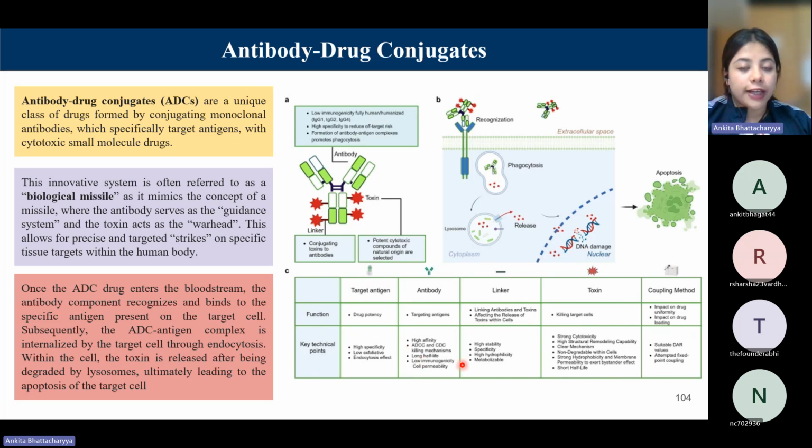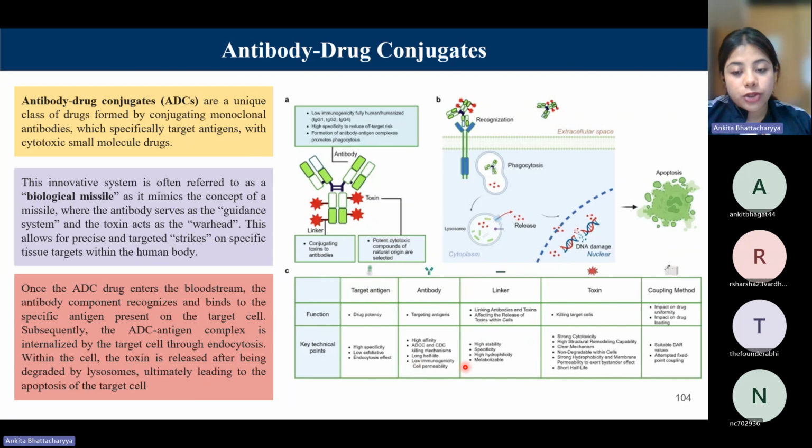It should have long half-life, which means that it should remain in circulation for an extended period of time so that you don't have to continuously inject a patient with very high doses of antibody. That's also not desirable. That's going to lead to more and more off-target effects. Sometimes it can also trigger autoimmunity. It's just going to make things worse for a patient who is already suffering so much and is undergoing such strong treatment strategies as well.